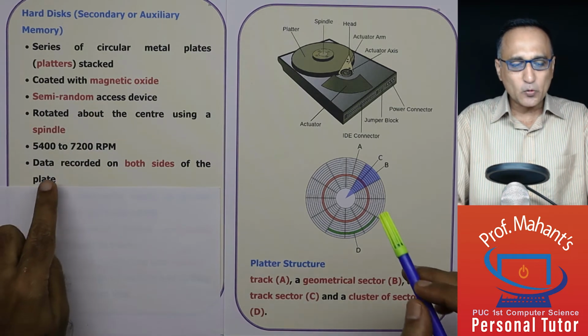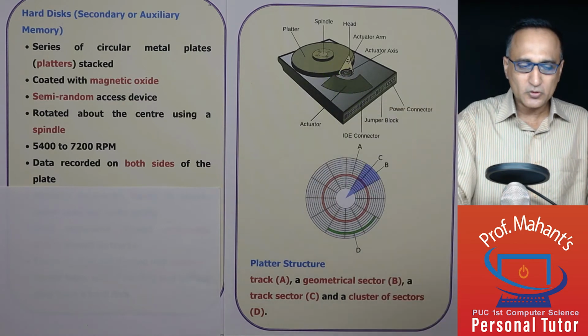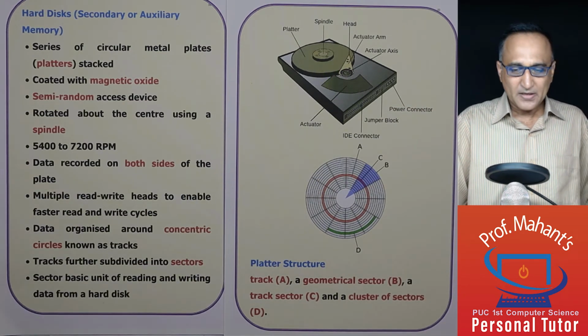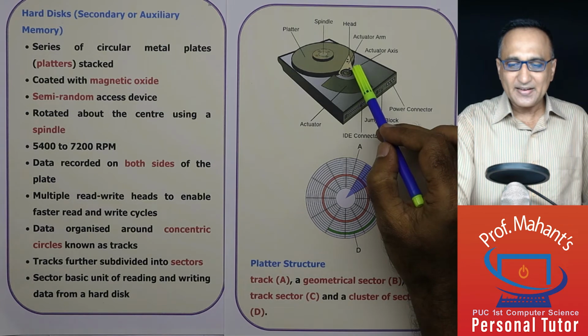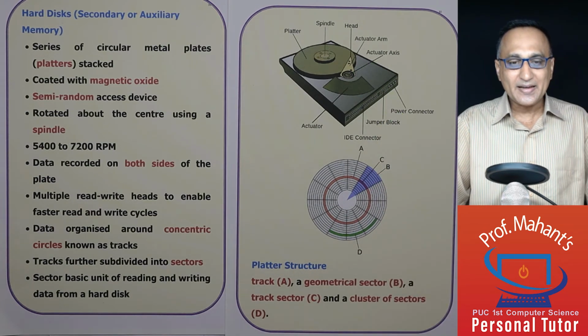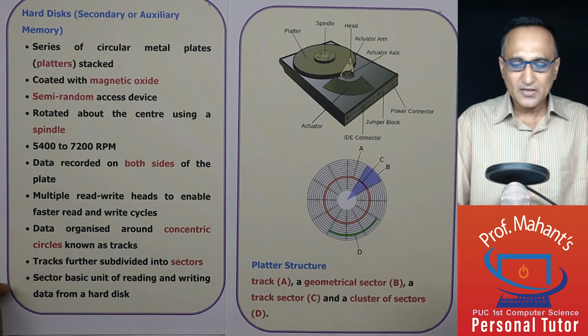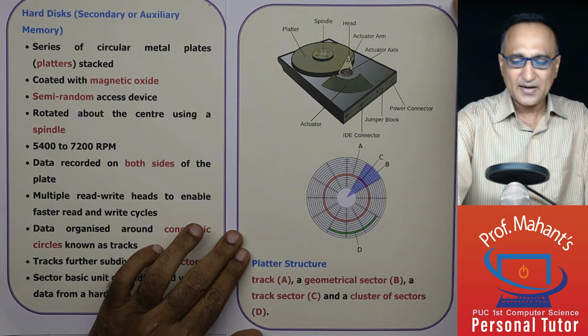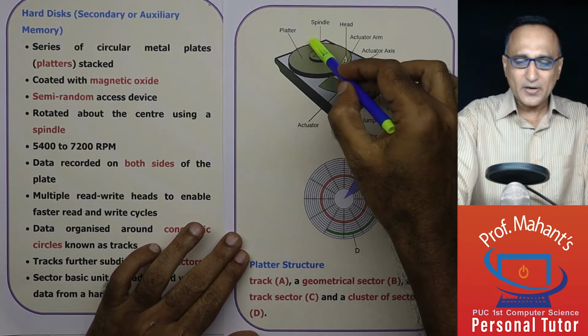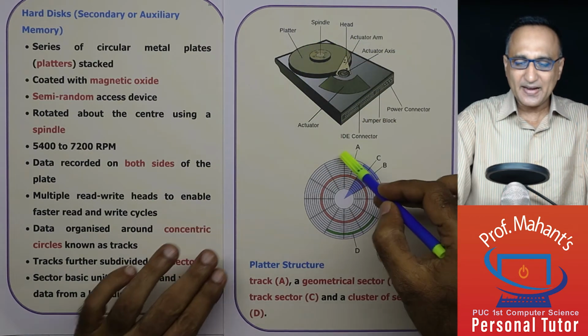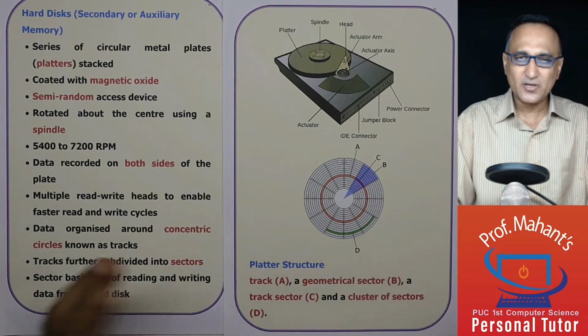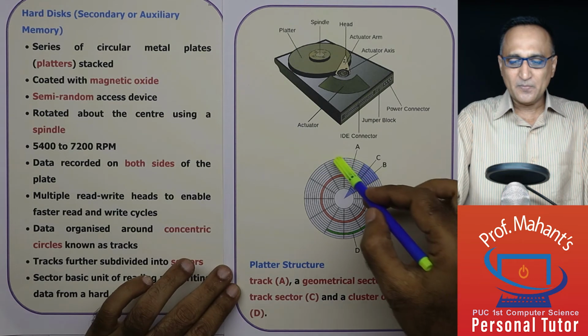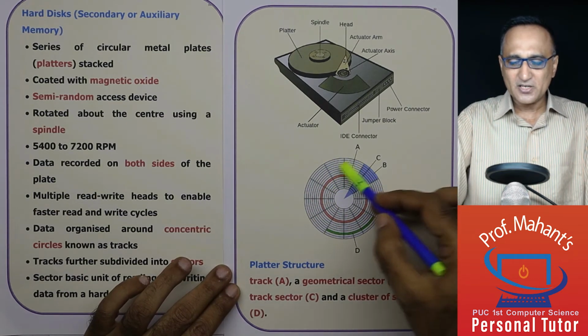I had already told you data is recorded on both the sides of the plate. Then you have many read-write heads so that you can read and write faster. Now you need to understand how data is organized in this particular hard disk. If you look at this, this is a complete track. So it consists of a number of tracks. You can think of this like your stadium, where you have a number of circular tracks.